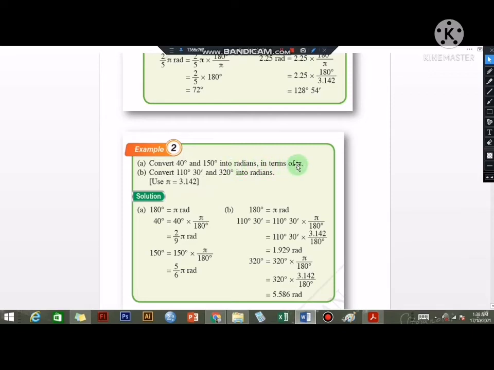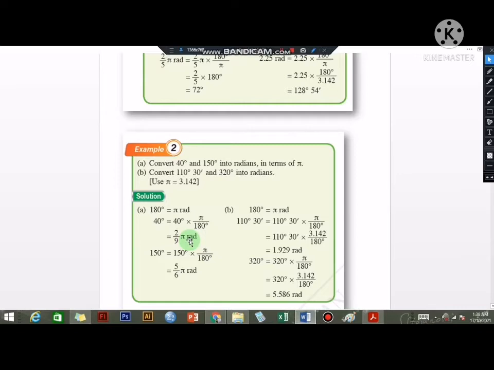So just let pi be the unknown, you don't have to substitute the pi with a value. 40 degree multiplied with pi over 180 degree, so your answer will be 2 over 9 pi radian.